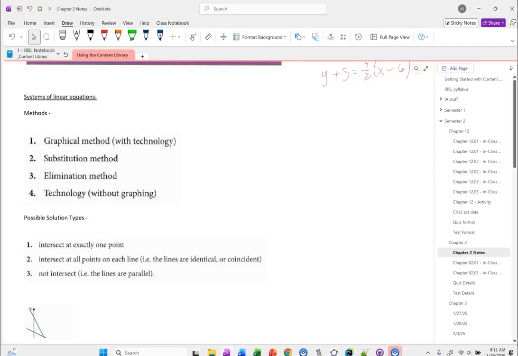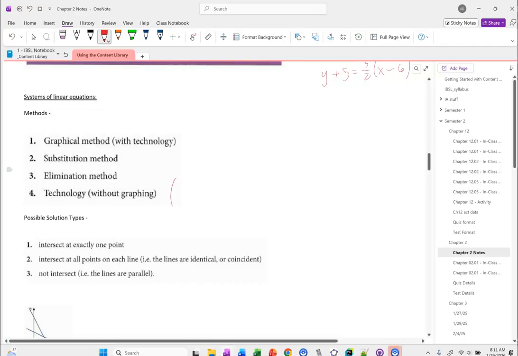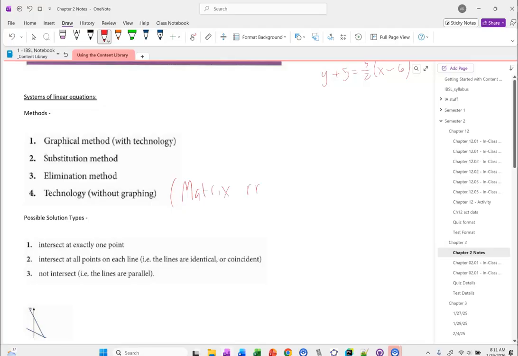What do we mean there? Using a matrix and just doing that RREF command. You guys remember doing that in Algebra 2? What a time saver that is, right?